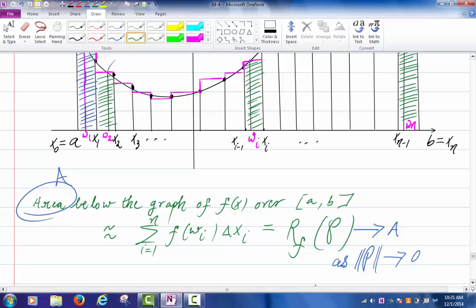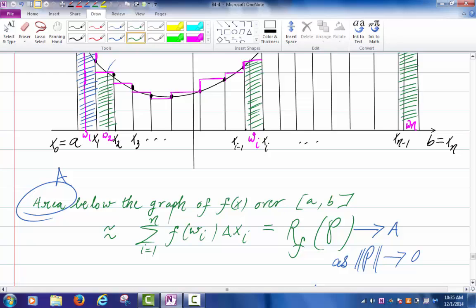So how do I define the area below the curve then? What should I define the area to be? Remember, for the area of a triangle you have a formula, for the area of a rectangle you have a formula, for the area of a circle you have a formula, right? But how about the graph of a given positive function? What's the area below that curve? How would you define that?